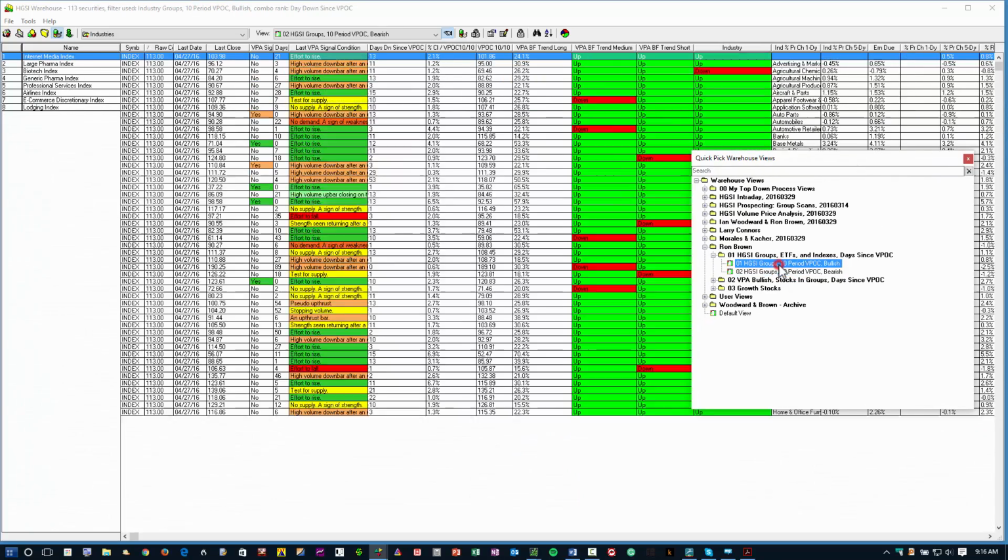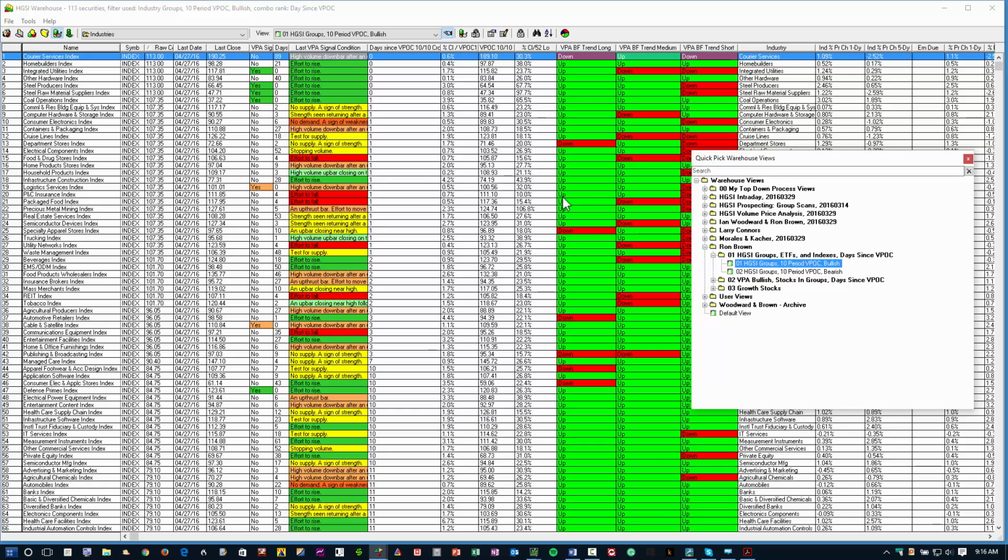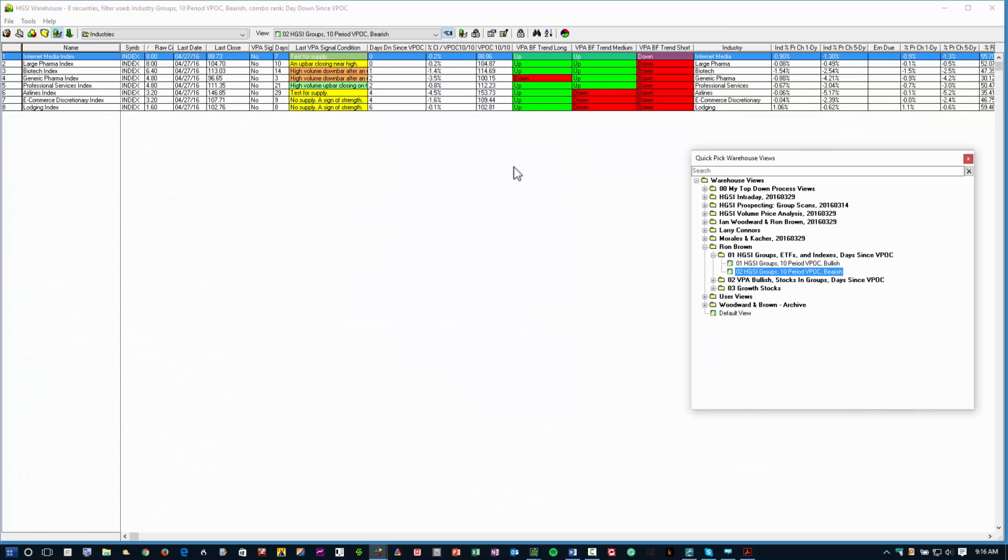And you can see how strong this market has been based upon the volume point of control being positive on the 10 period. And you get 113 positive, only 8 negative. And those numbers don't match the total number of groups because I put a volume requirement in here.